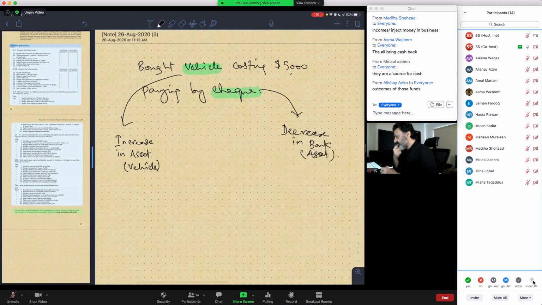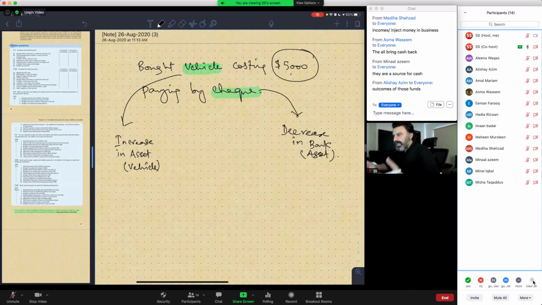So these are the two effects that we can readily identify, and both have the $5,000 value common here. So this $5,000 is the common. The asset called vehicle is increasing by $5,000 and the asset called bank is decreasing by $5,000. That is the effect that we can readily detect.